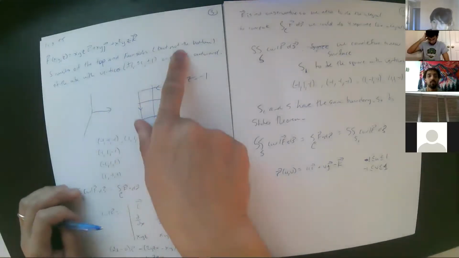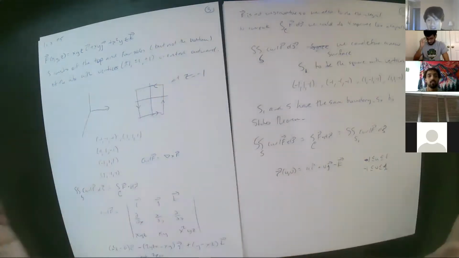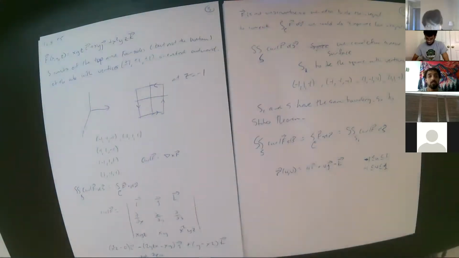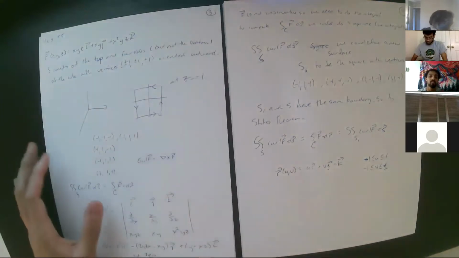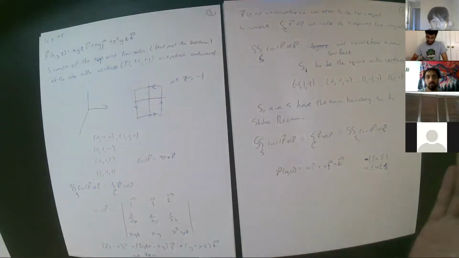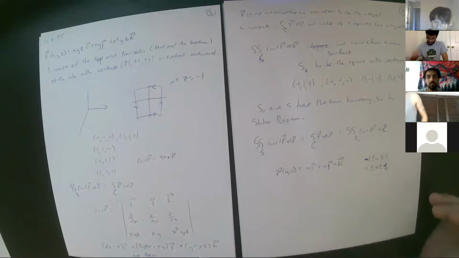If we were to draw a cube, yes, they're both part of the same cube, but only the top, not the bottom, is taken in S. So we are saying upwards because it has to follow the same counterclockwise logic to make Stokes' theorem work. They need to have the same boundary curve, which means orientation needs to be preserved as well.